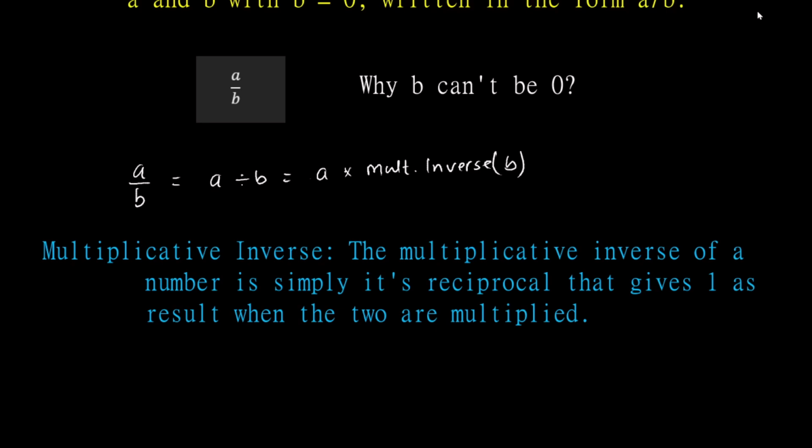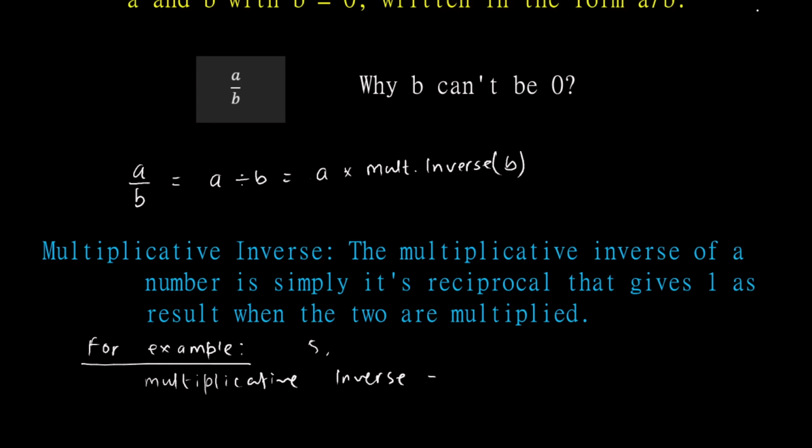For example, if we have a number 5, then its multiplicative inverse is simply its reciprocal 1 by 5, because 5 times 1 over 5 just gives you 1 as a result.